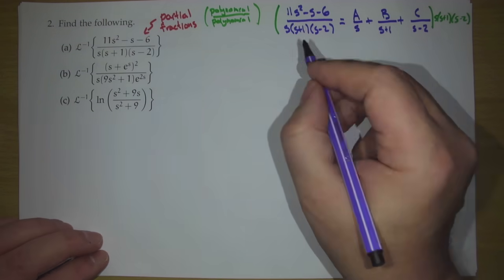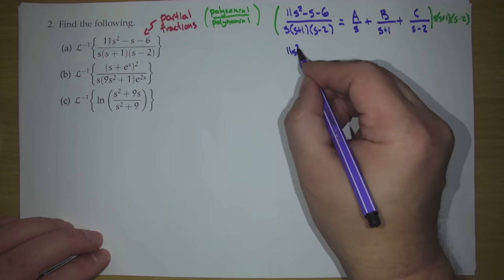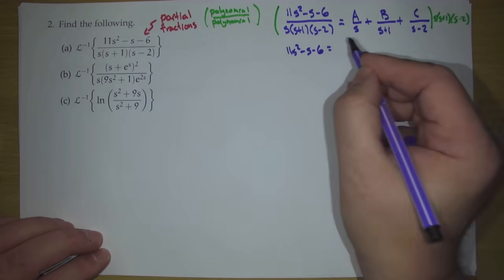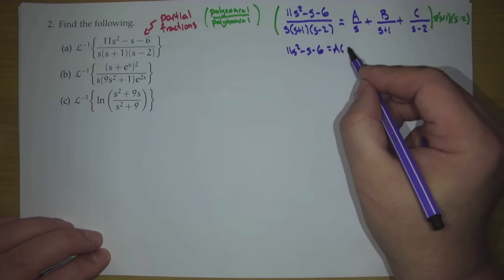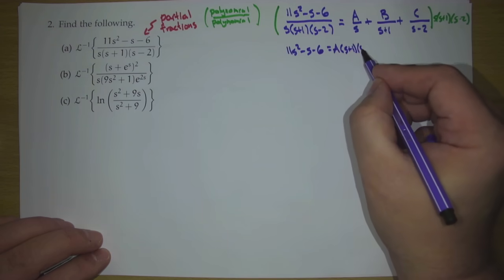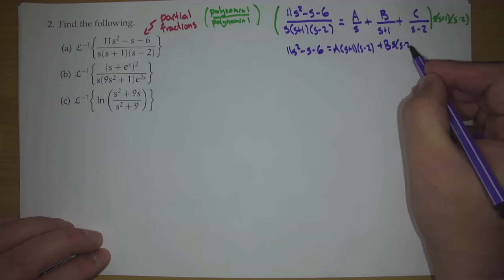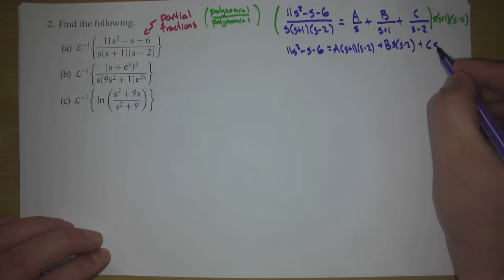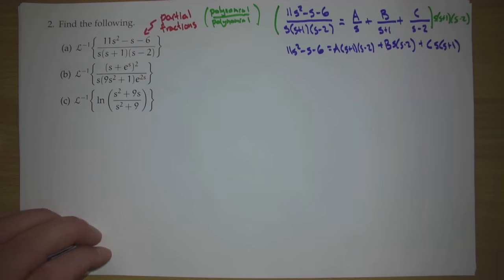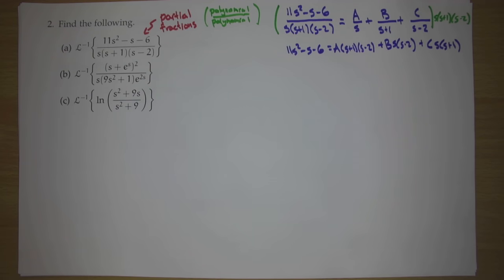So we say, okay, 11s squared minus s minus 6 is equal to A times s plus 1 times s minus 2, plus B times s times s minus 2, plus C times s times s plus 1. Now, there's multiple ways to do partial fractions. We're not playing the game where you have to think of our way to do it.